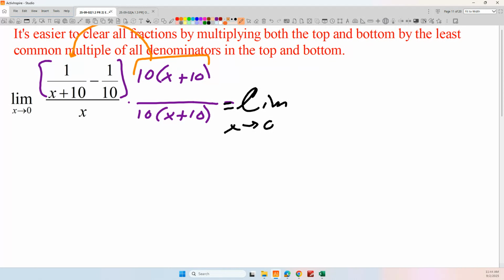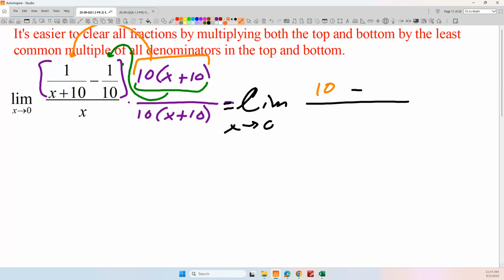So that's going to give me, in the top, when I do that distribution, I just get 10, minus, what's going to happen when I do that distribution?